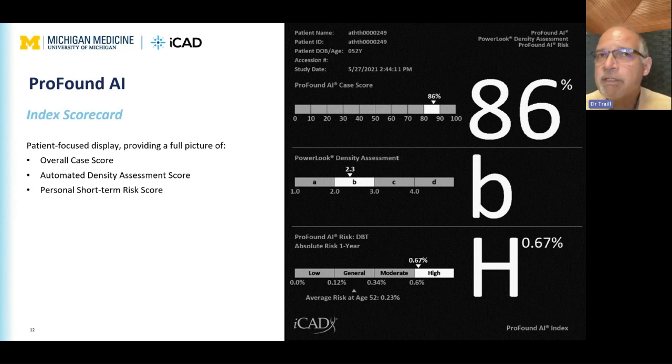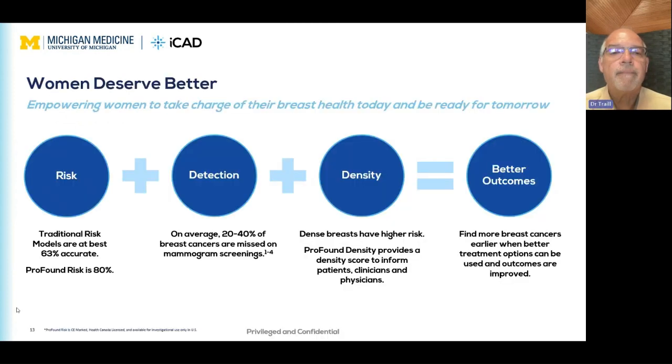The neat thing about this is, you're measuring a change in the breast parenchyma that may or may not be visible, but is an indicator that something's going on. So that's an insight that we've never really had before. Next slide.